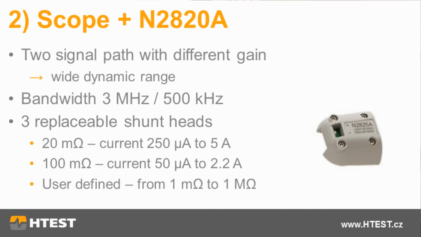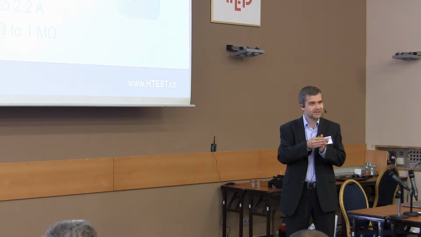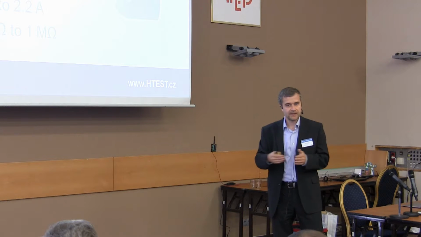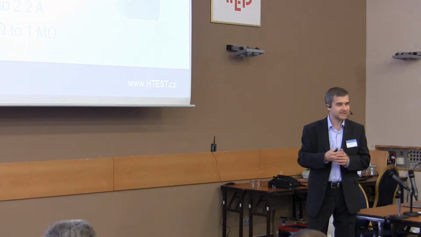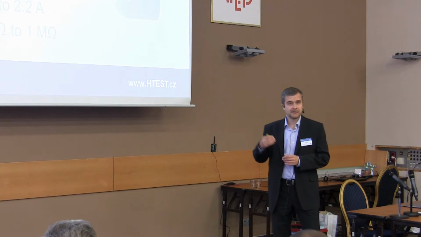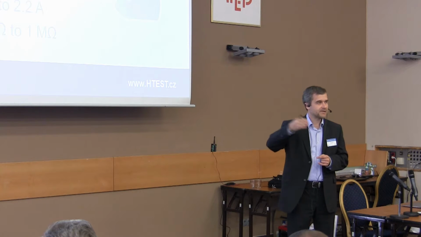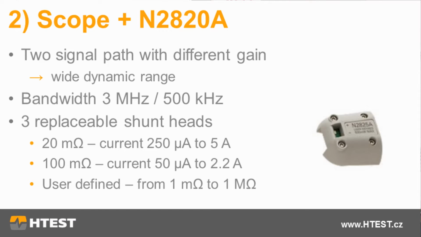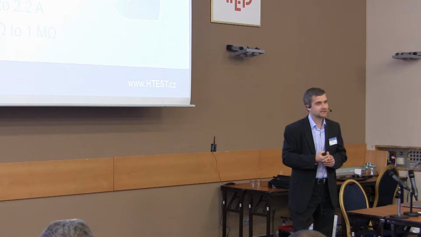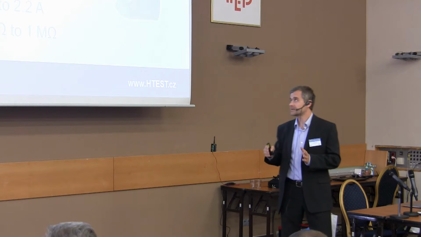One channel is called zoom in, and you can measure the lowest current possible, so you will see the details of the signal even in the closed sleep mode. The second channel is zoom out, so you see only the big transitions of the current, but the bandwidth is quite large. For zoom out it is 3 megahertz, and for the zoom in channel it is 500 kilohertz, but that is still okay.